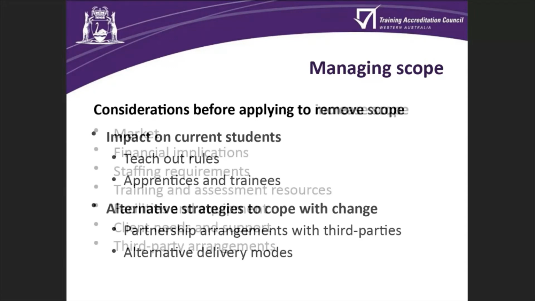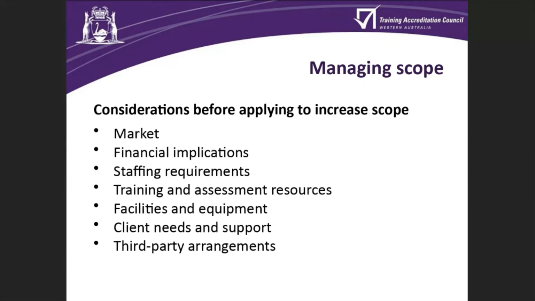Likewise, when you're managing scope to increase scope, then you might want to consider whether there is truly a market for it. And here you might go back to carrying through a business case to establish that there is a significant market that you need to service.